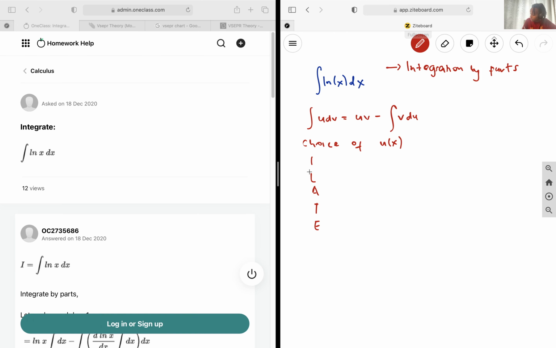And so that just states this is inverse trig functions, we have logarithmic functions, algebraic functions, followed by trig functions, and then lastly exponential functions.